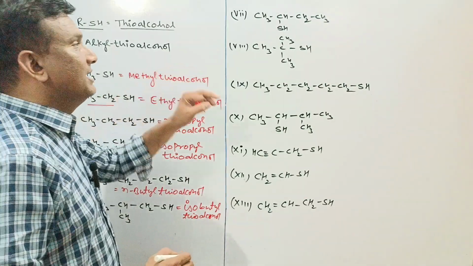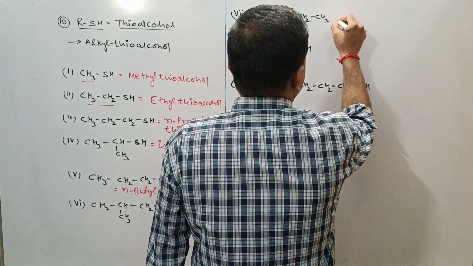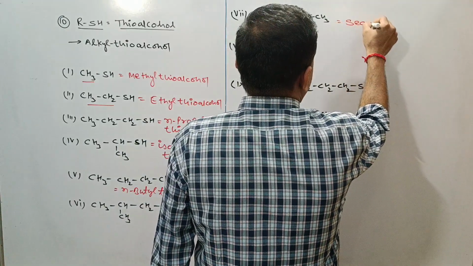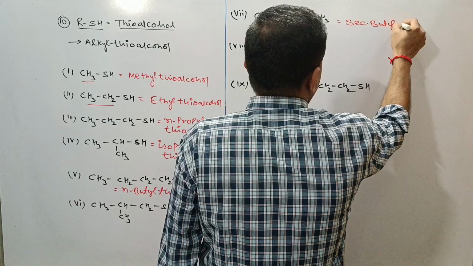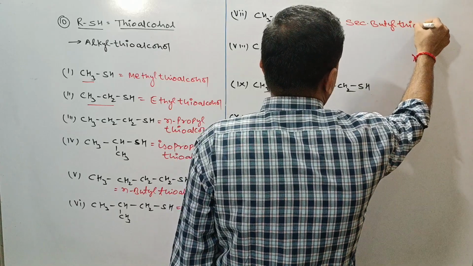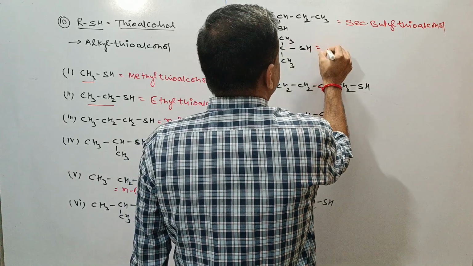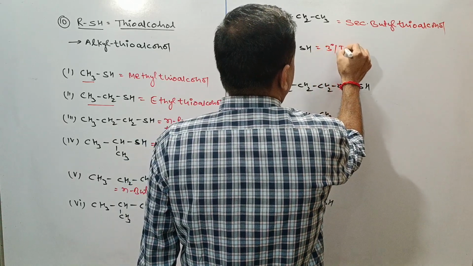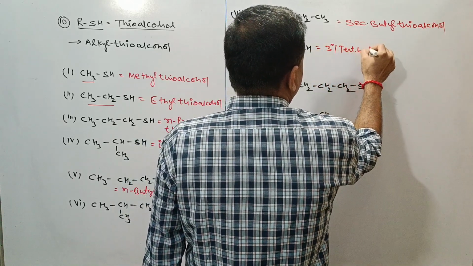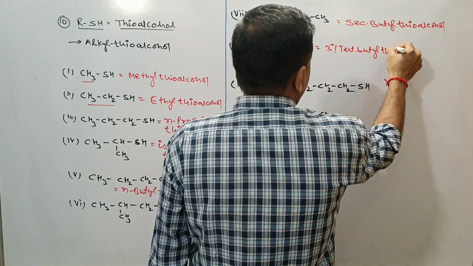And the name of this compound is secondary butyl thioalcohol. This is called tertiary or tert-butyl thioalcohol.